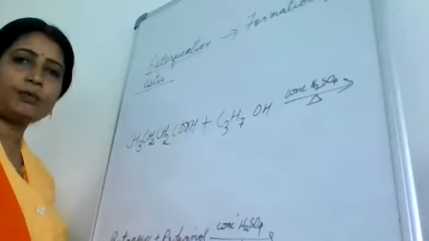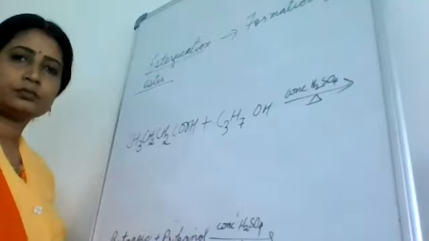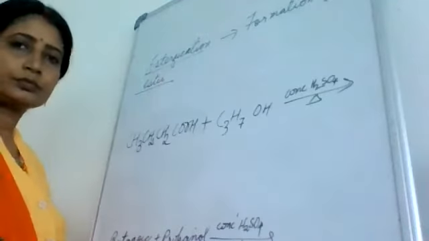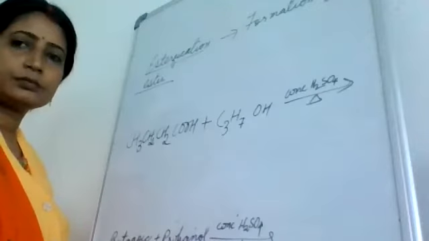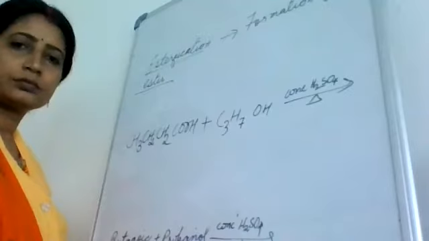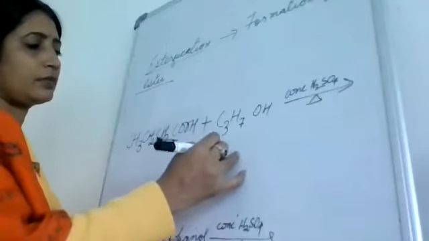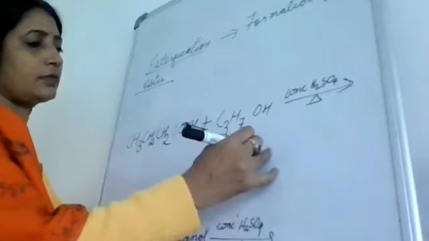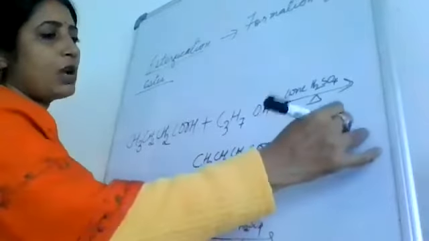What is the product formed? Ma'am, CH3CH2CH2COOC3H7 plus H2O.